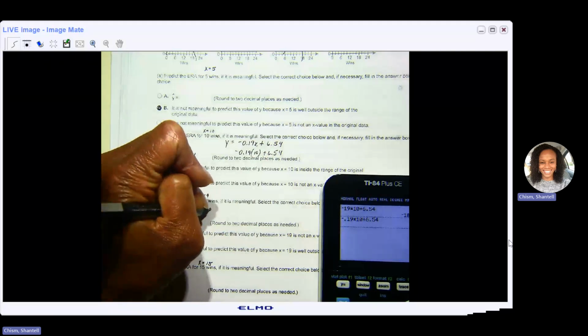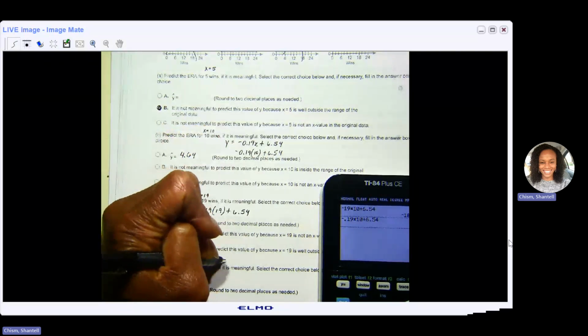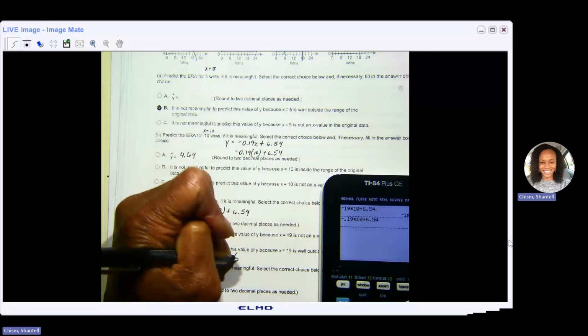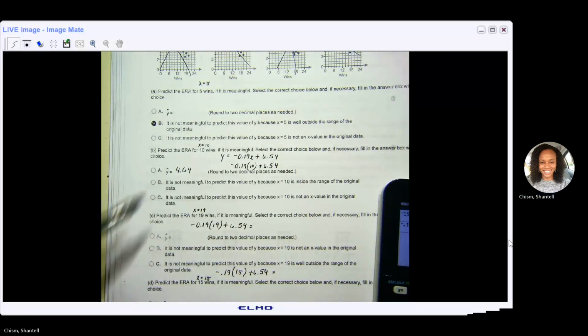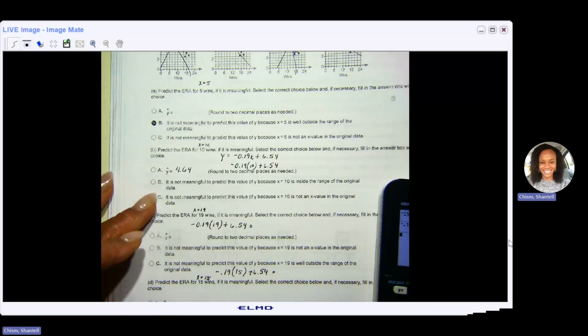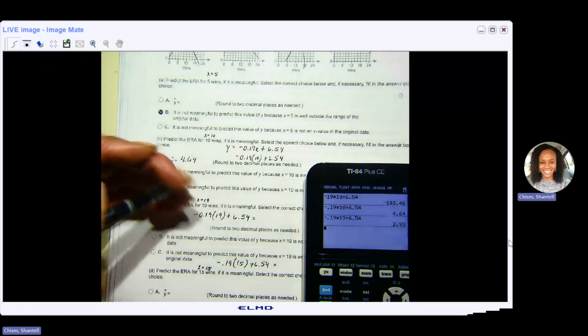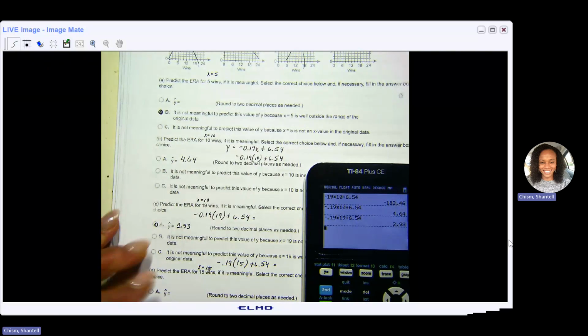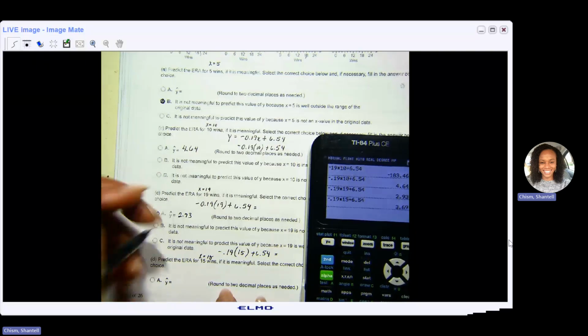But anyway, for 19 and 15, you'll plug those in: negative 0.19 times 19 plus 6.54 gives 2.93, and negative 0.19 times 15 plus 6.54 gives 3.69.